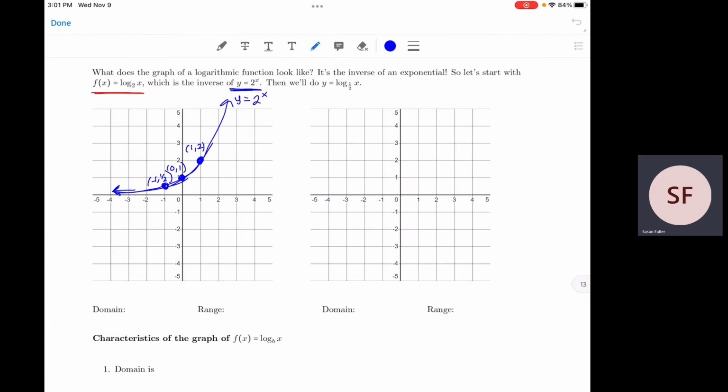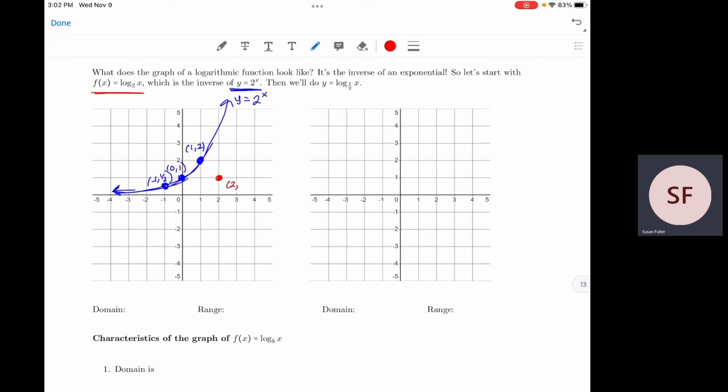Now, what if I want to graph its inverse, log base 2 of x? Well, to get the inverse function, I'm going to take some points, and I'm going to switch x and y, because that's what inverse functions do. So the point (1, 2) here, I'm going to switch x and y, and that will become the point (2, 1). I'm going to put that one on my graph.